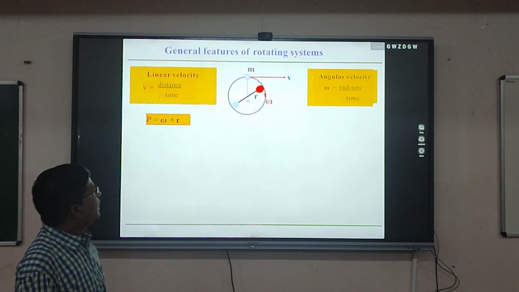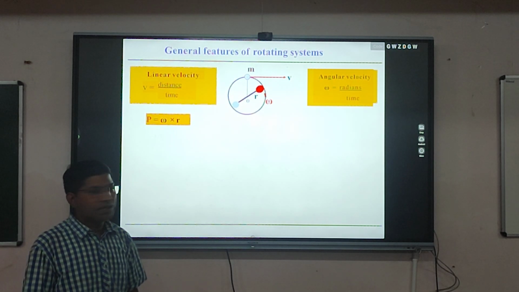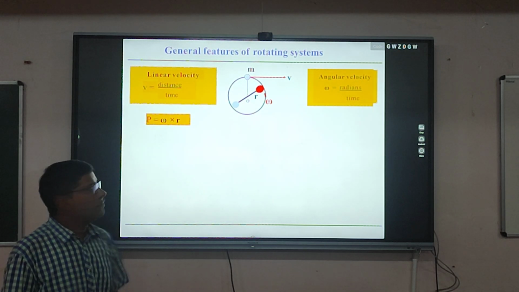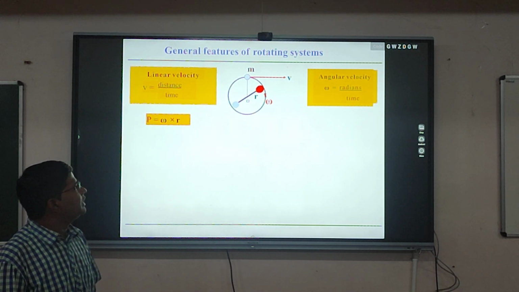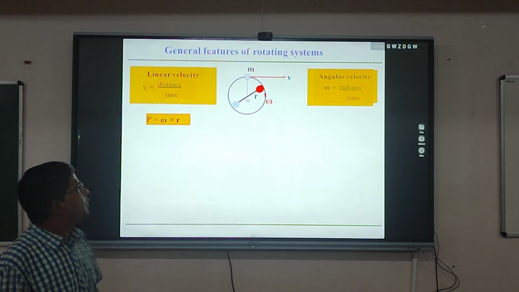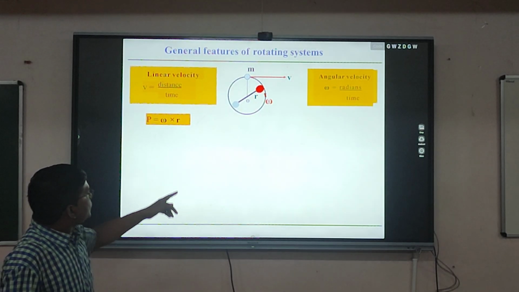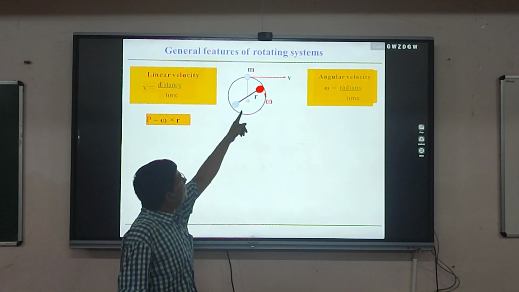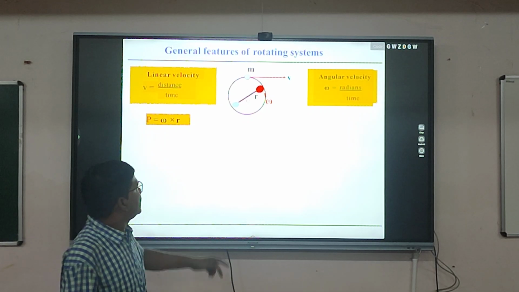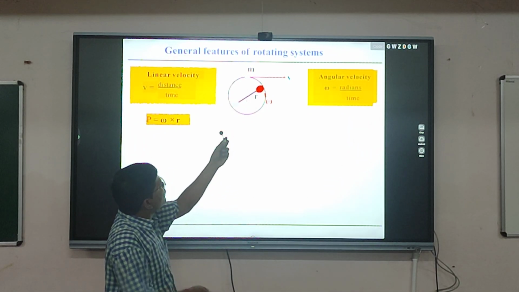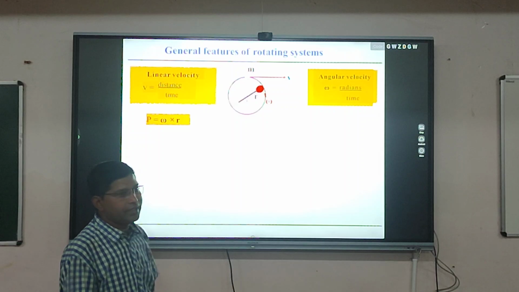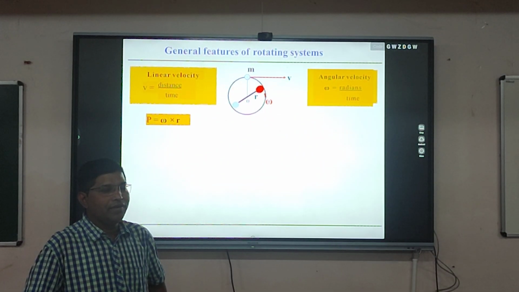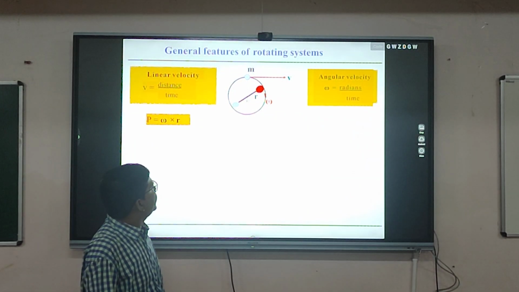Now here we will learn some terms related to microwave spectroscopy. Here we should know the linear velocity and angular velocity of rotating molecules. So now we will place our molecule on a circle, and we will start to rotate it. Then we should know the direction of the linear velocity and the direction of the angular velocity.